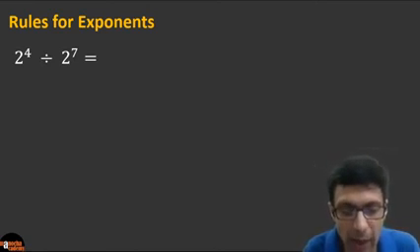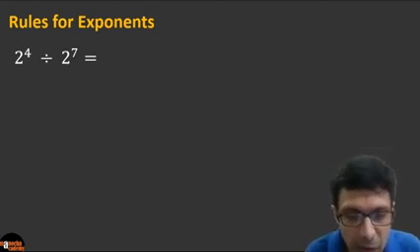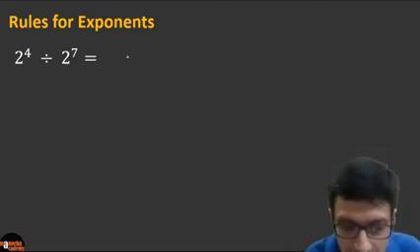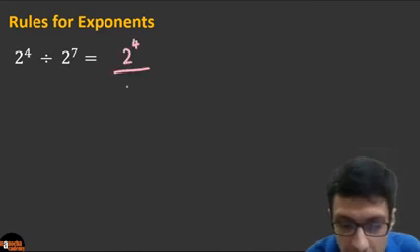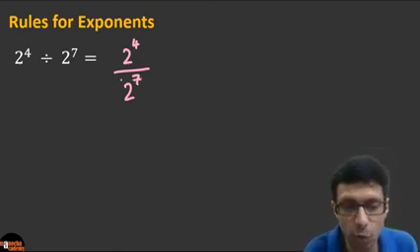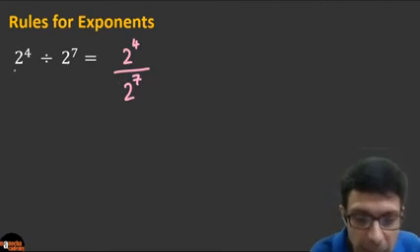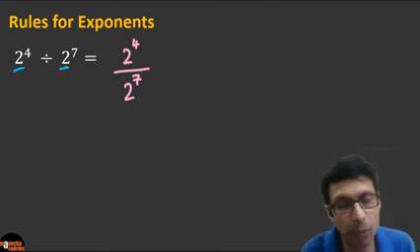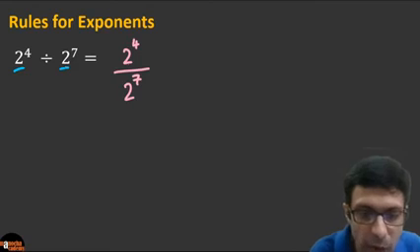So let's say now we have this 2 to the power 4 divided by 2 to the power 7. So let's see what's going to happen here, right? So what do we have here? So 2 to the power 4 divided by 2 to the power 7, right? And so we can use the previous rule, right? Because you have the same base here, 2, right? So we can subtract these. And what do we get by doing that?